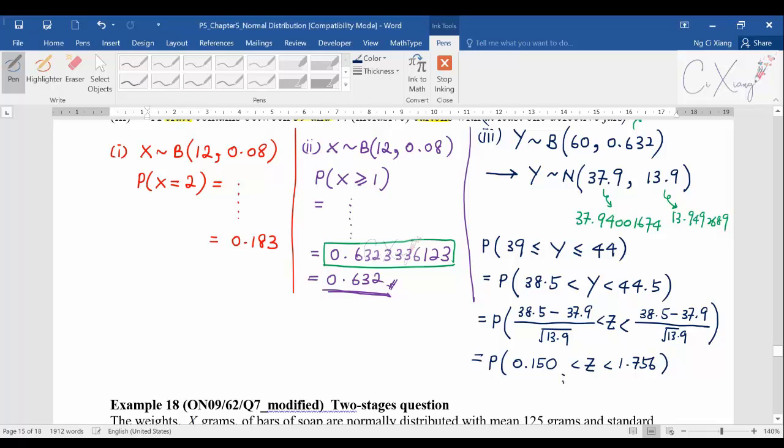Okay, then continue from here, try to get the value from the table. You should be able to get 0.4008 as the answer. If you want to change it to 3 significant figures, then it will be 0.401.